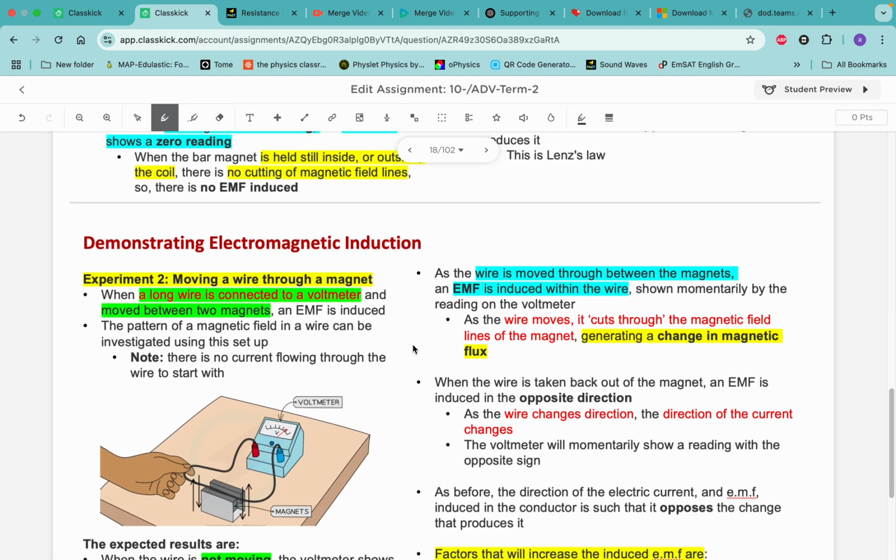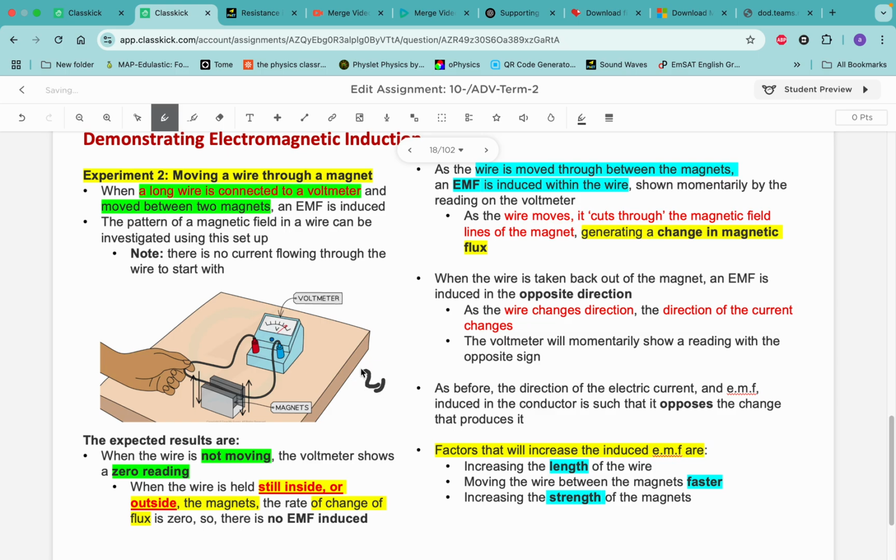The second method is if we have a magnet. Of course, magnet has two poles, north and south, and we have, of course, magnetic field. So if the wire moves across this magnetic field, it will cut the magnetic field, this will cause change of magnetic field, which will allow EMF to be induced.